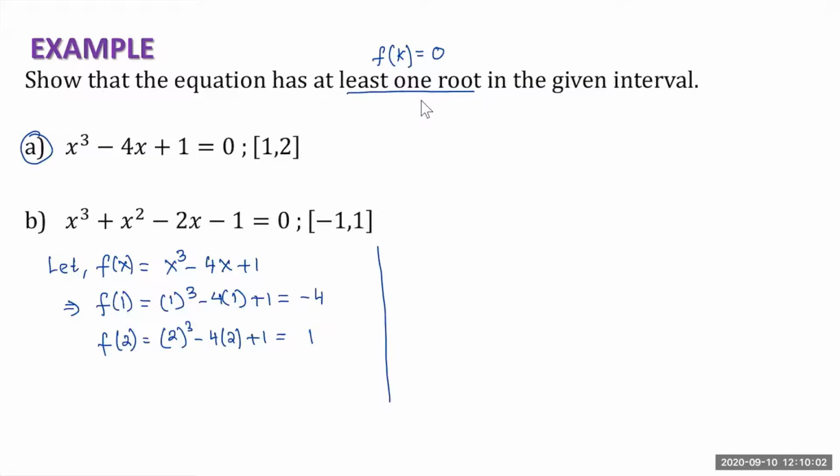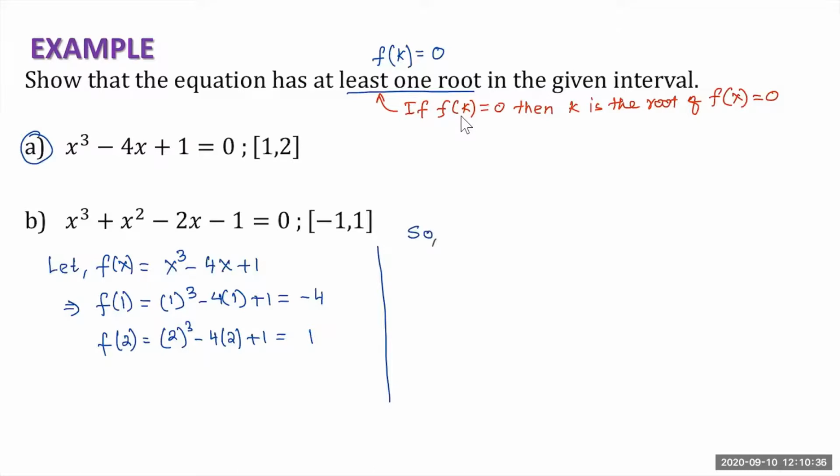Or you can write like this: if f of k is equal to 0, then k is the root of the equation f of x equal to 0. So if we can get this situation, f of k equal to 0, then we can say that k is the root.